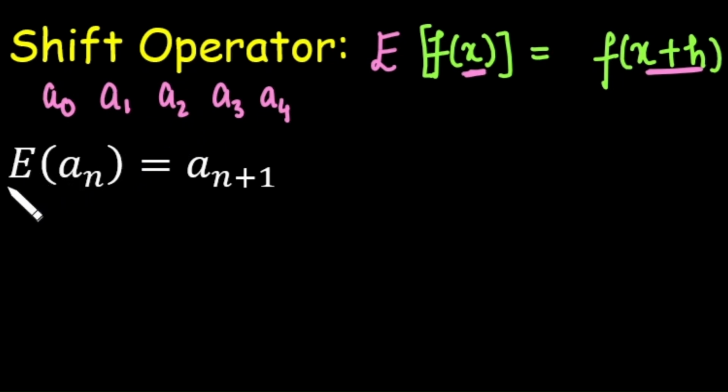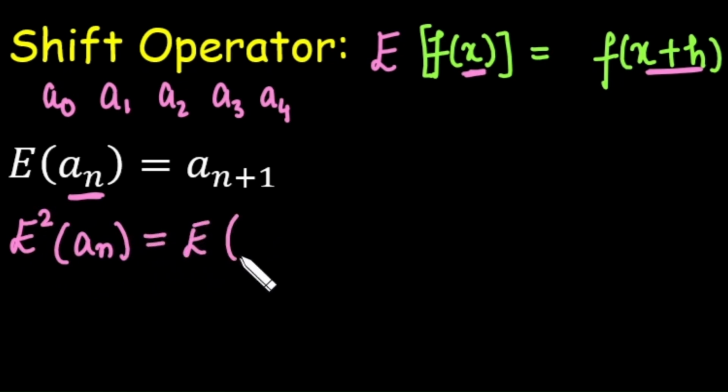So when you apply a shift operator on an, the index is shifted by 1, n plus 1. And if we write E square of an, it's like we are operating the shift operator twice on the an term.